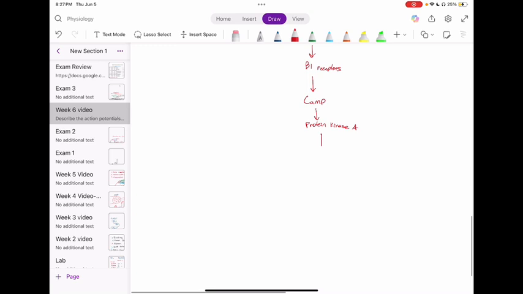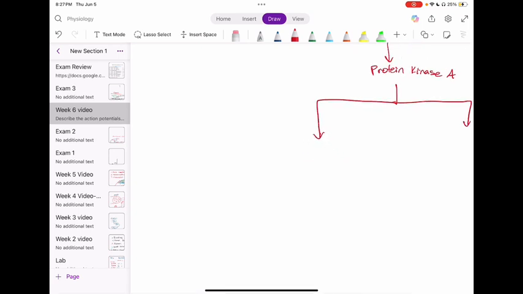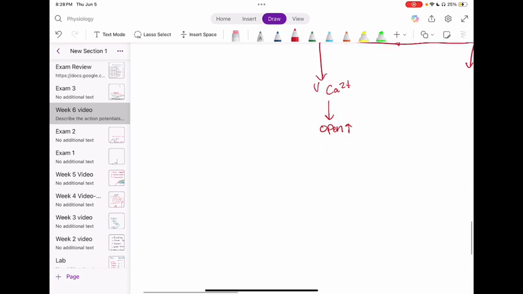And this has two main effects. It results in the phosphorylation of voltage-gated calcium channels, which are open more, increases the time it's open, and this results in an increase of calcium from the extracellular fluid.